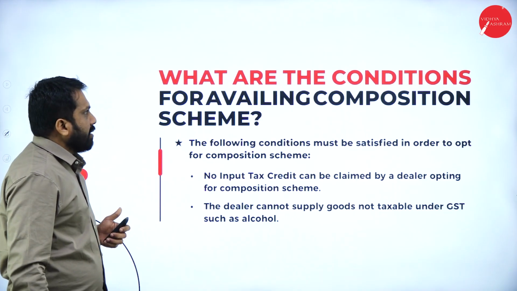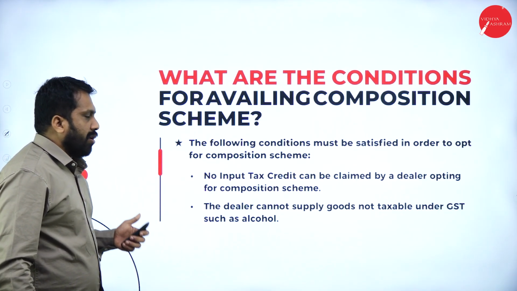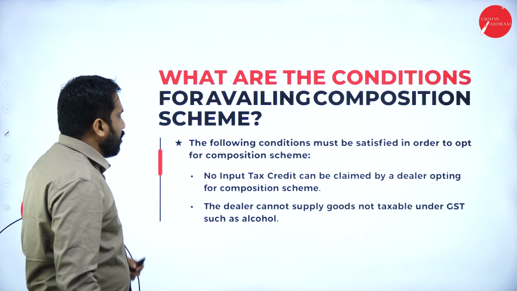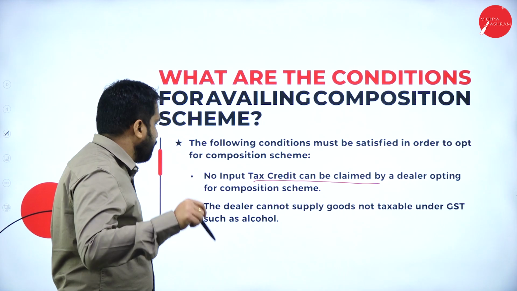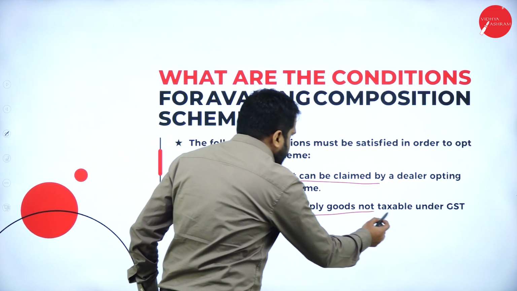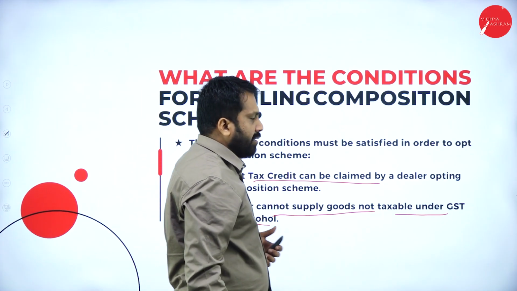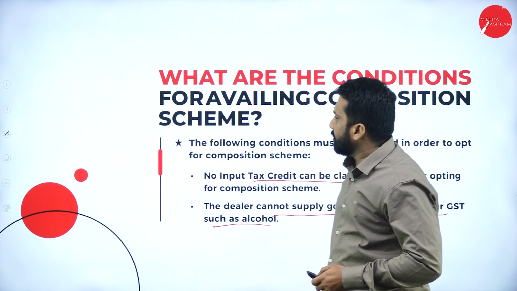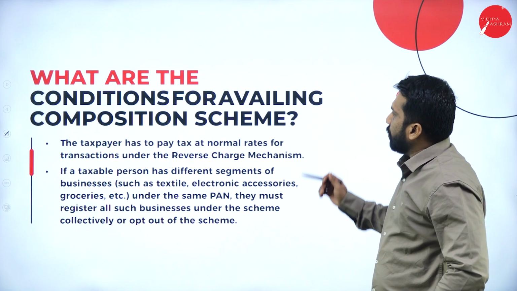Now, what are the conditions for availing composition scheme? This already we have learned actually. No input tax credit can be claimed if you go for composition scheme. The dealer cannot supply goods not taxable, such as alcohol. Alcohol things cannot come under your composition scheme.